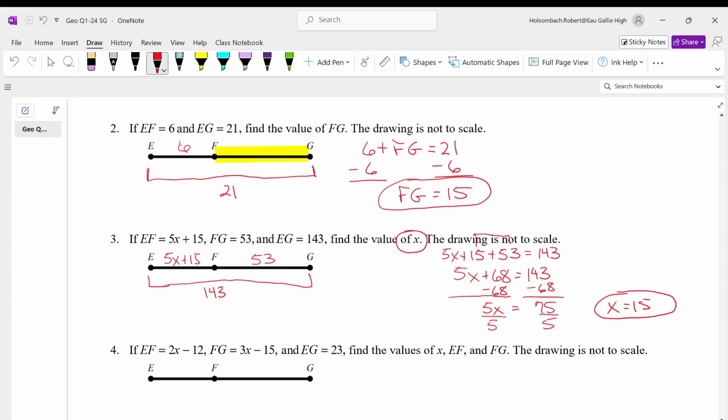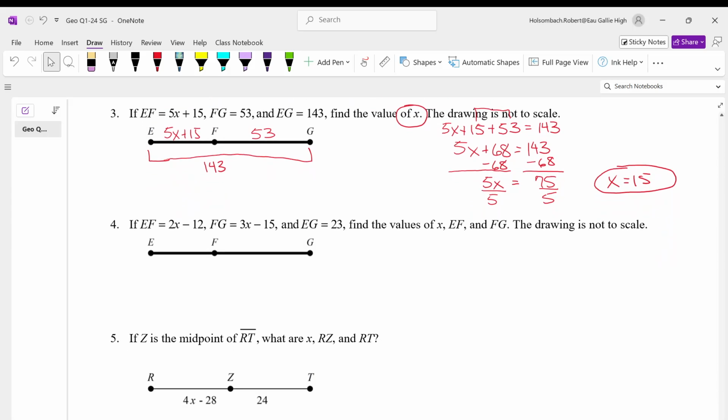All right, so again, problem number 4 is going to be the same concept with a little bit more work to do. E to F is 2x minus 12. F to G is 3x minus 15. And the entire piece is equal to 23. Now, we need to find x, E to F, and F to G. All right?